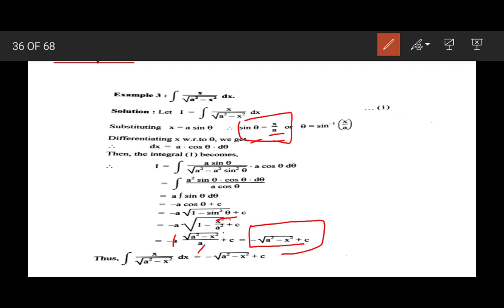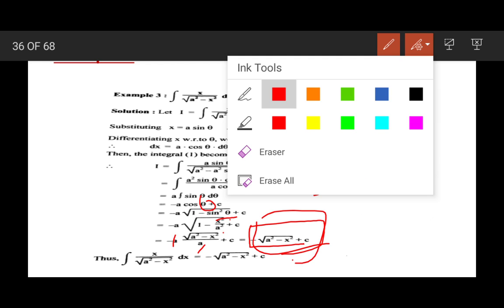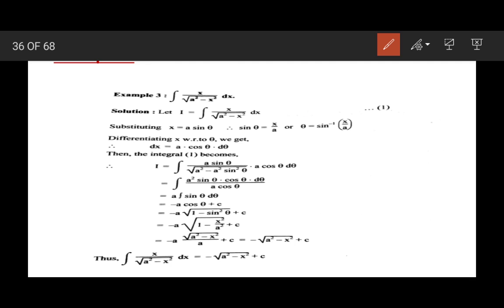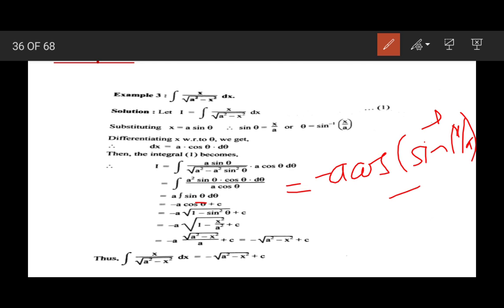Okay, so this is what I will get after simplification. If I substitute theta here, it becomes a very complicated part. The answer will be minus a cos, where theta is sin inverse x upon a, plus c.